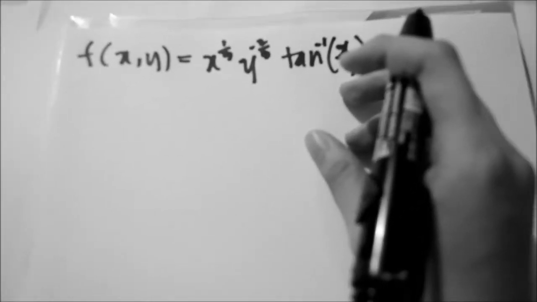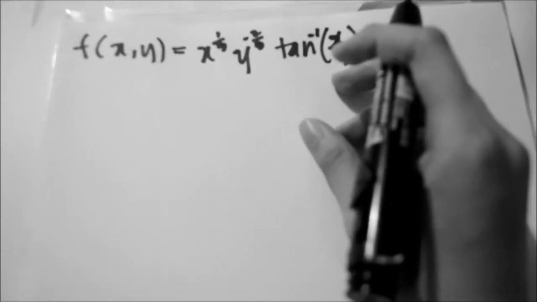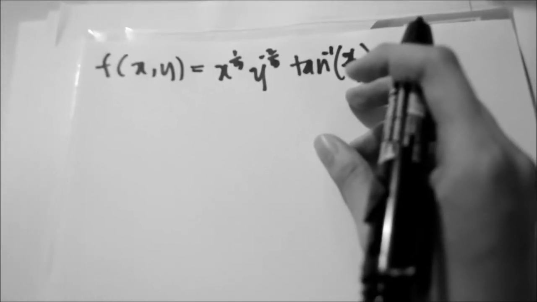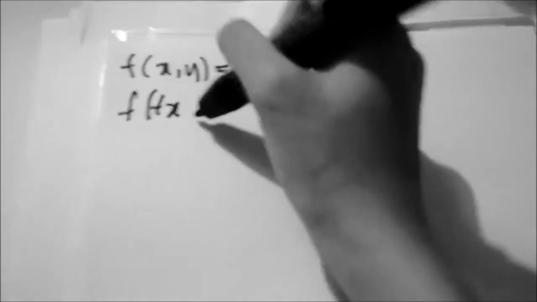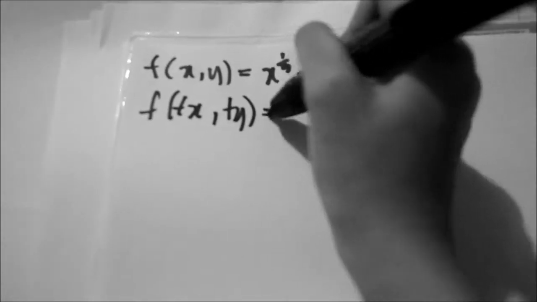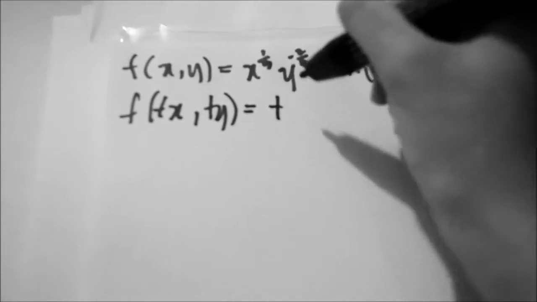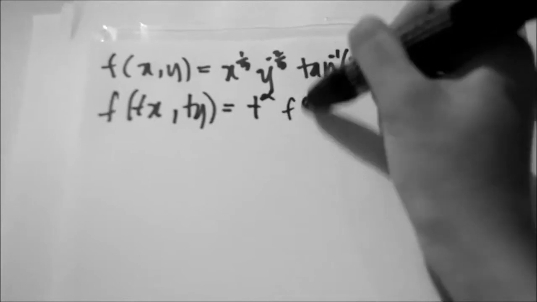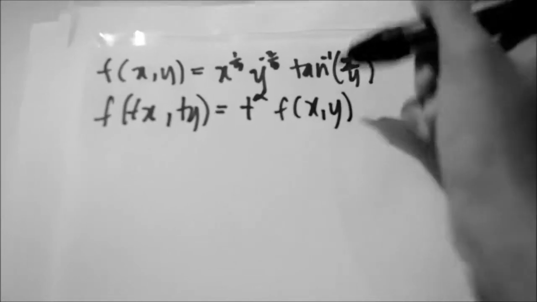By definition, f is said to be a homogeneous function of degree alpha if it possesses the property f(tx, ty) = t^alpha f(x,y) for some real number alpha.